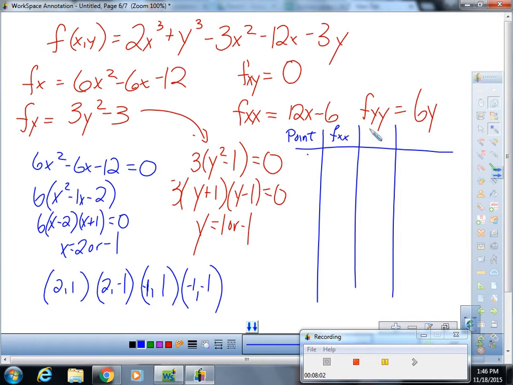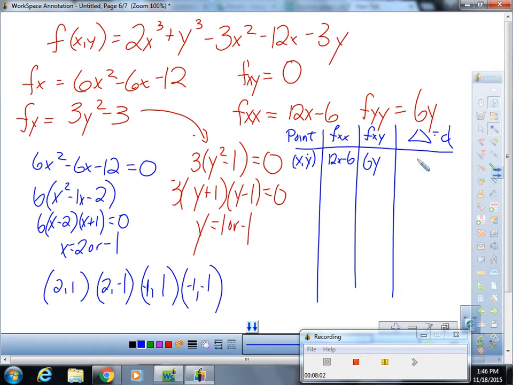This one you have your f sub xy, and that one you have your discriminant. Okay? So, the point is going to be x comma y. f sub xx is going to be 12x minus 6. f sub yy is 6y.